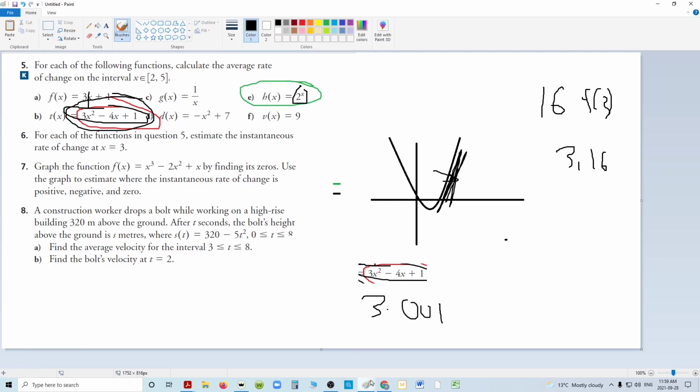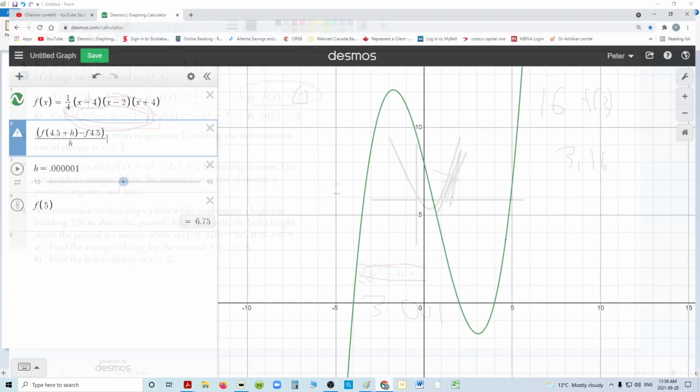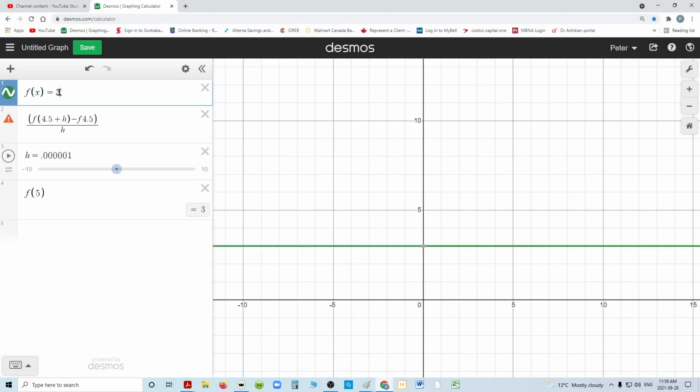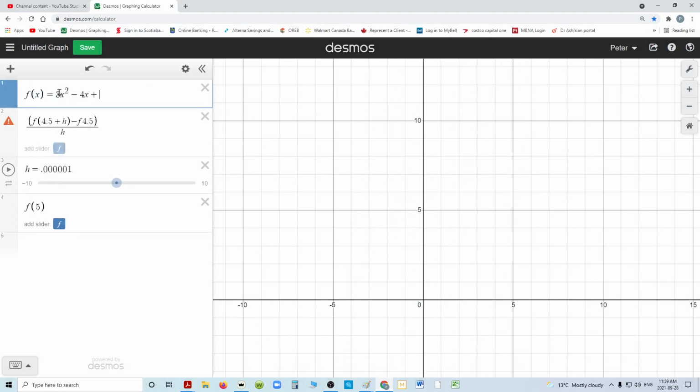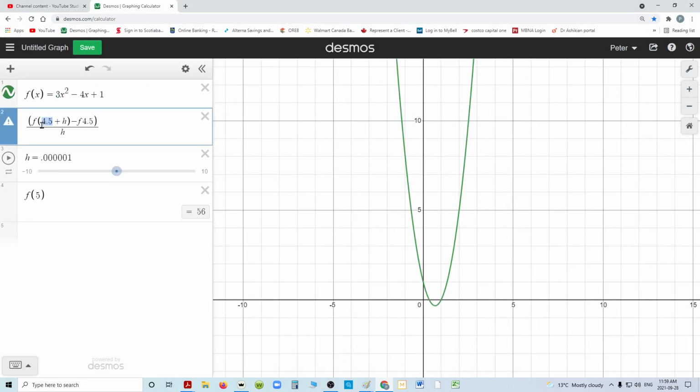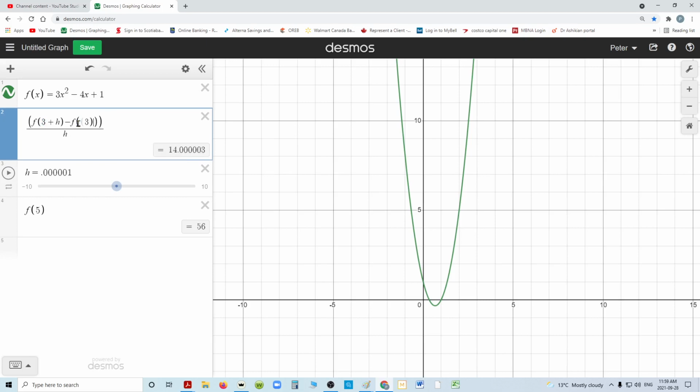I can also get an accurate graph and do the same thing for f of 3, and discover the same thing.